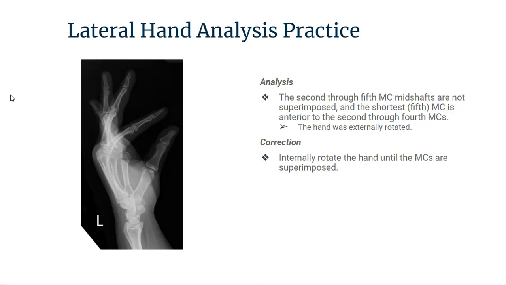In this case, you can see that the midshafts of the 2nd through 5th metacarpals are not superimposed. And if you look closely, the shortest metacarpal, which is the 5th, appears to be anterior to the 2nd through 4th metacarpals. This should indicate to you that the hand has been externally rotated. To correct this imaging error, you need to internally rotate the hand until the metacarpals are superimposed, ensuring proper alignment for the accurate lateral hand projection.